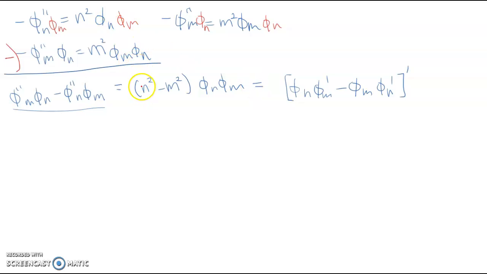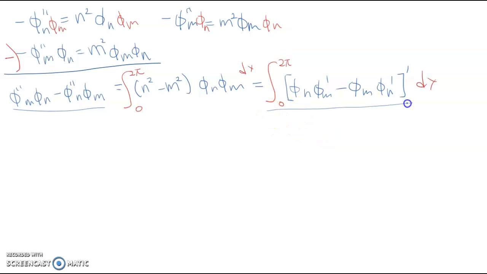Alright, so now what we're going to do is differentiate both sides from 0 to 2 pi, because those are our boundaries given, of dx. I'm going to work from the right-hand side.